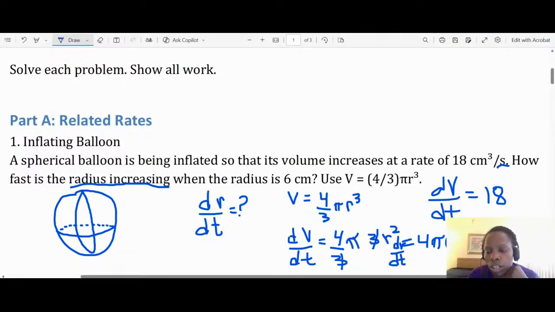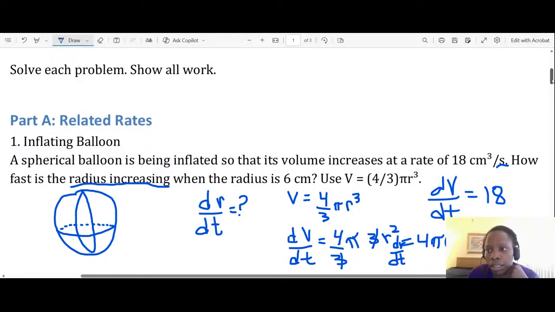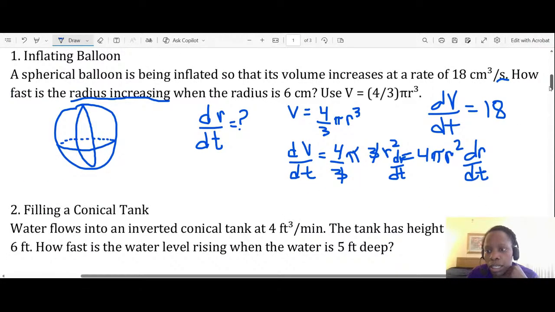Okay, once we do that, we can plug in our instantaneous value for the radius, which is 6 centimeters, and our dV/dt, which we know is 18. So we're going to say 18 is equal to 4 pi times 6 squared times dr/dt.